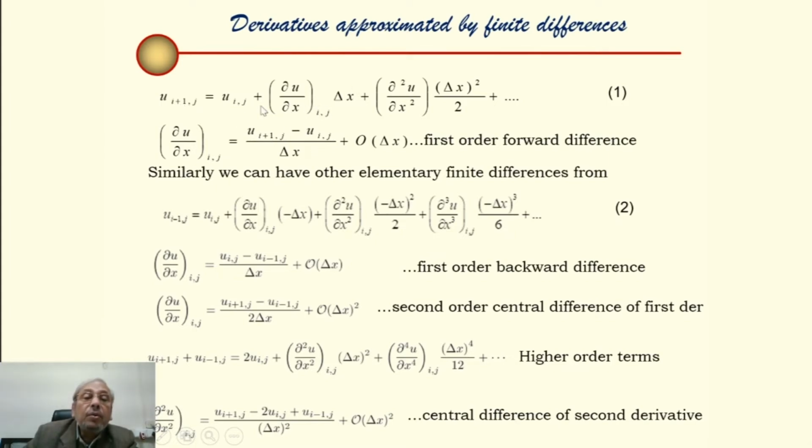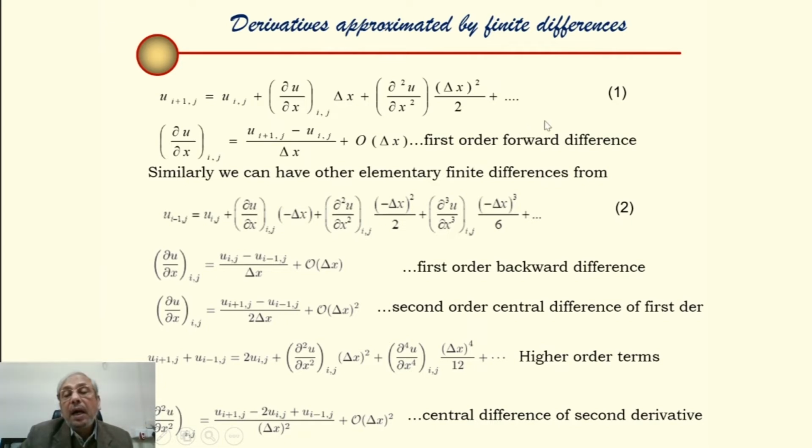Since we have moved this term to the left hand side and all other terms to the right hand side, and rearranged all these truncated higher order terms divided by delta x, from here we can say del u/del x at ij can be expressed as (u at i+1,j minus u_ij) by delta x.